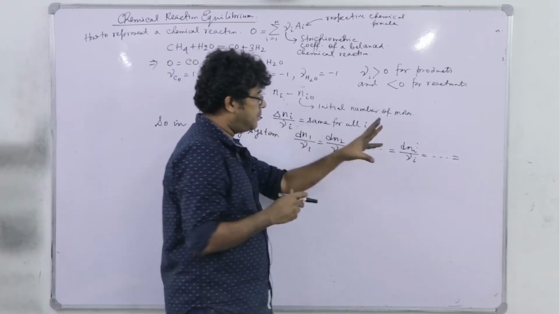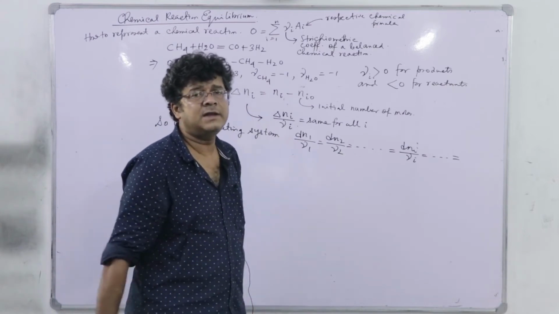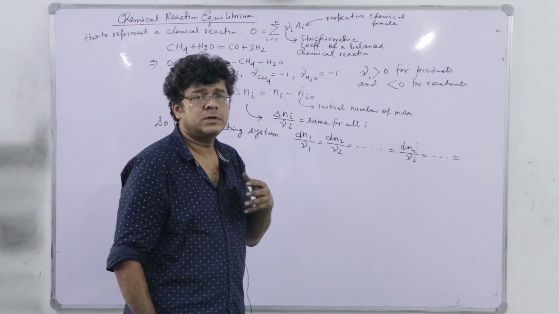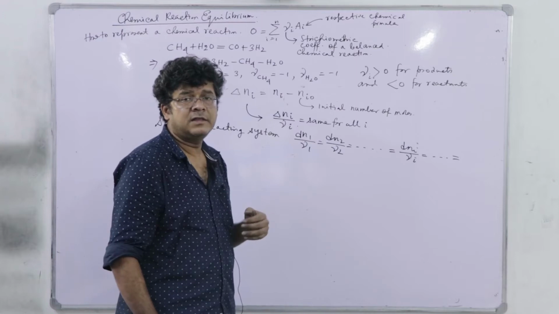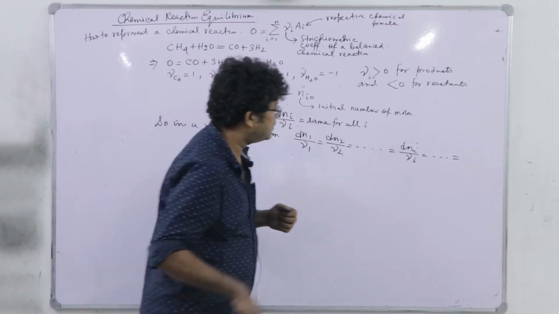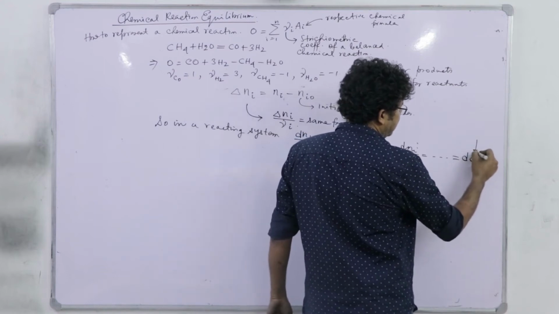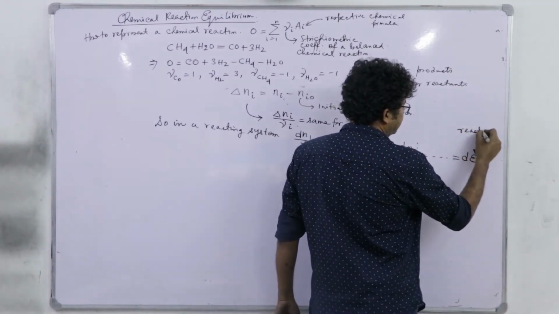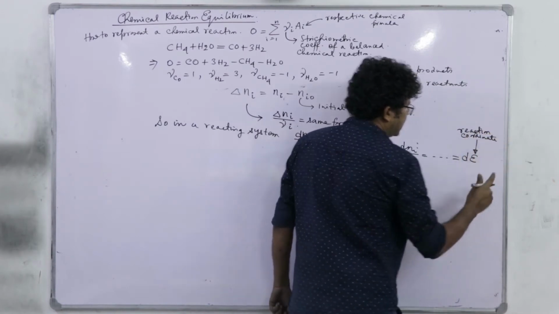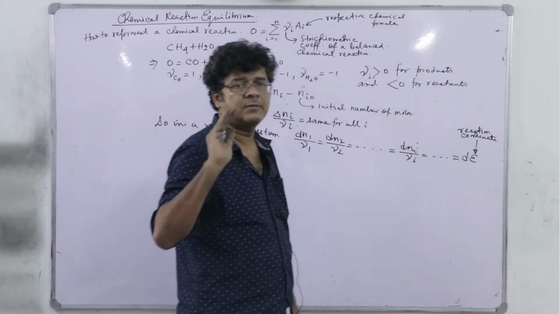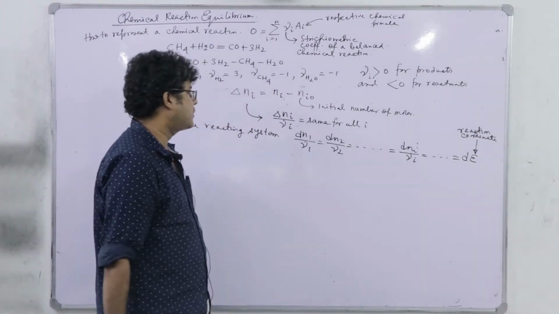So, we represent this quantity as a universal quantifier that indicates the progress of the reaction. We refer to this as the reaction coordinate, and epsilon is the reaction coordinate. We can universally mark the progress of the reaction in terms of epsilon, and it is independent of the species.